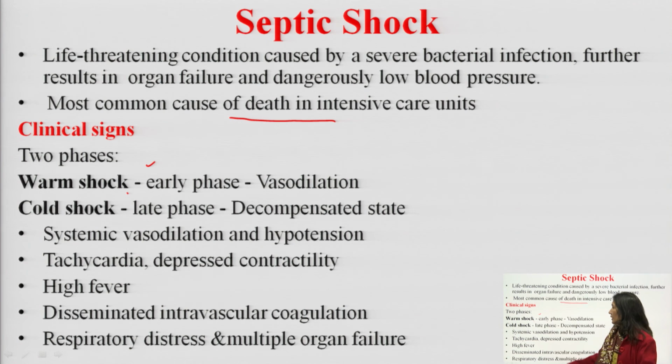Progressive clinical signs are systemic vasodilation and fall in BP, that is hypotension, tachycardia, decreased force of contraction, decreased contractility, high fever, disseminated intravascular coagulation, respiratory distress and multiple organ failure.